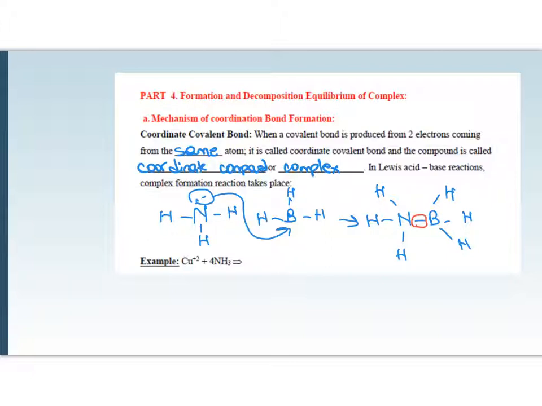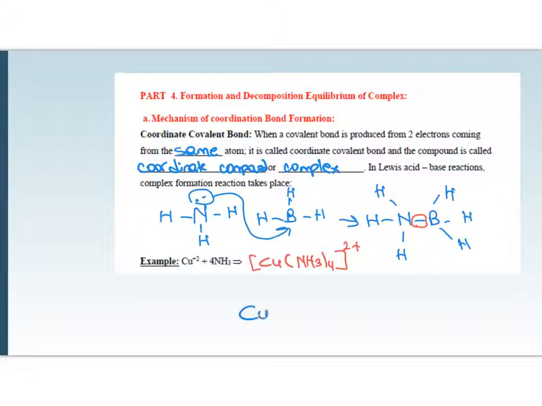So what can be given as an example for a complex? For example, the complex formed between copper 2 plus and ammonia, and it is shown like this. Copper, you have 4 ammonia molecules and with a charge of 2 plus. So what kind of terms do we have here?